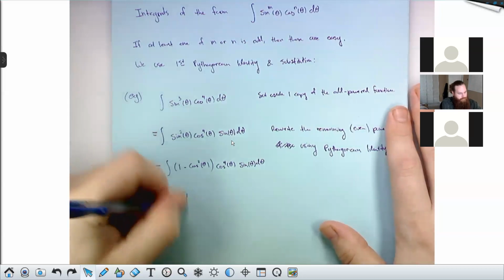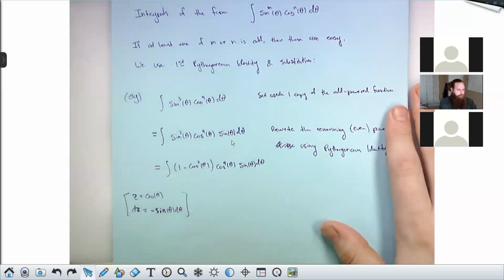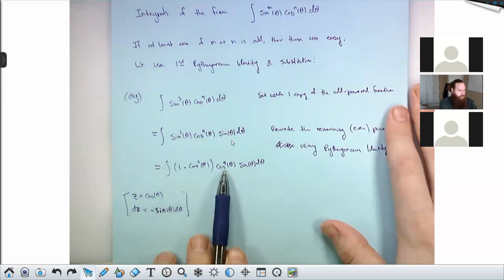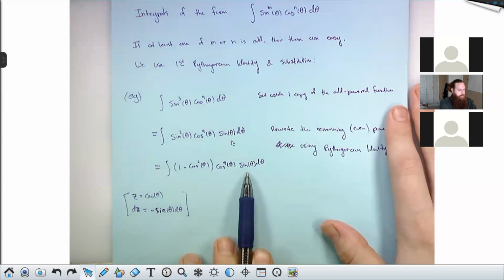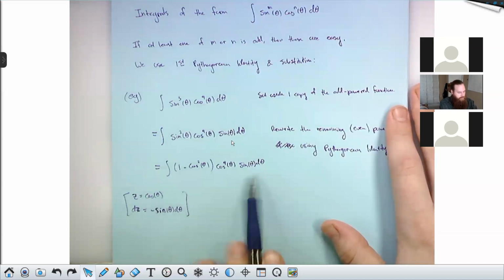All right, I hope you guys can see that. I'm sorry my pen is acting up. So here I've got 1 minus cos squared times cos to the 4 times sine. That'll be 1 minus z squared times z to the 4 times negative dz.